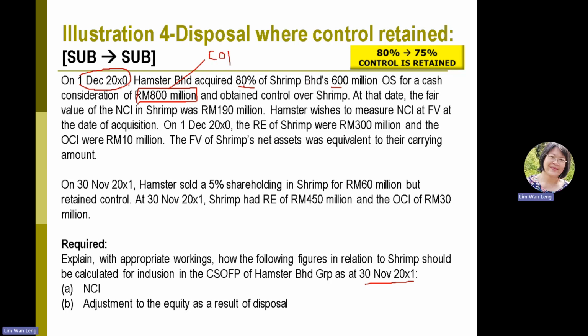They acquire 80% of the 600 million ordinary shares for 800 million. 800 million is the cost of investment, and because of the acquisition, you have control. At that date, the fair value of the NCI in Stream was 190 million. So this is the NCI at acquisition.